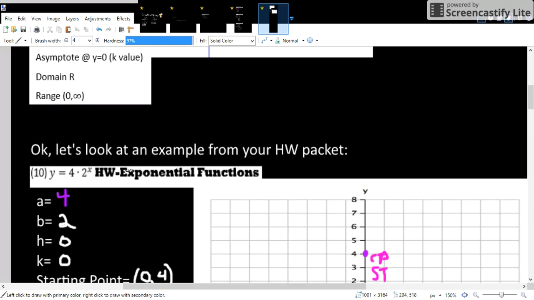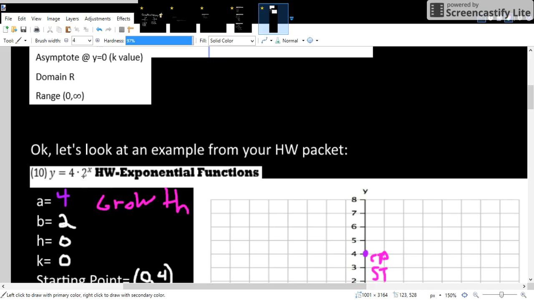So this is going to be a growth. This 2 is greater than 1. If the base is bigger than 1, and it has no reflections or anything, this can be a growth. So we could go ahead and note that.